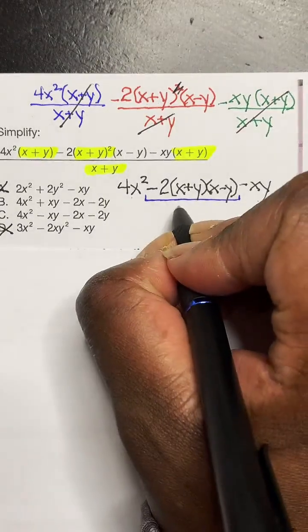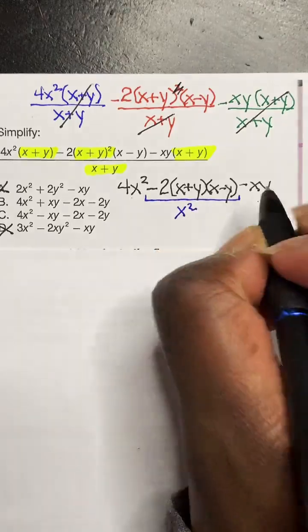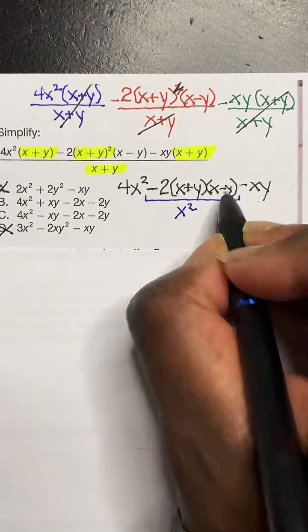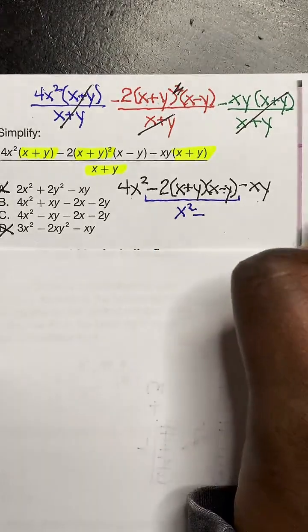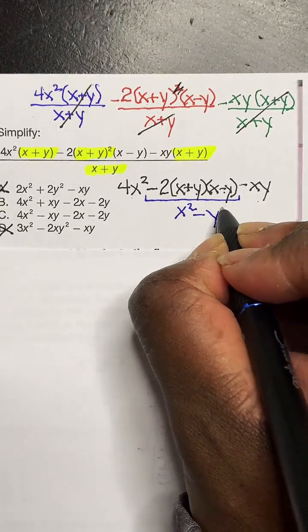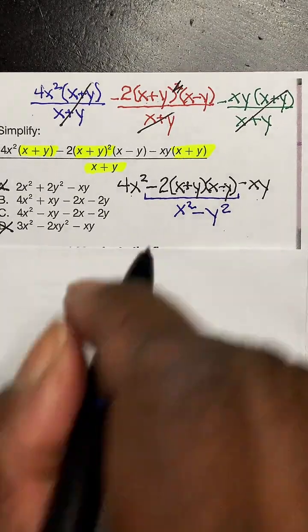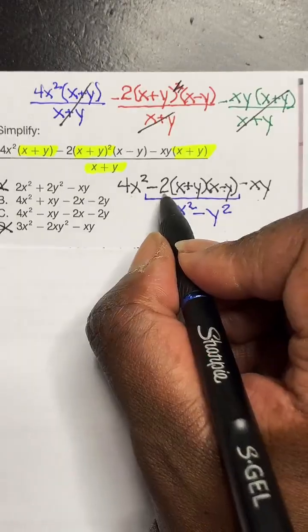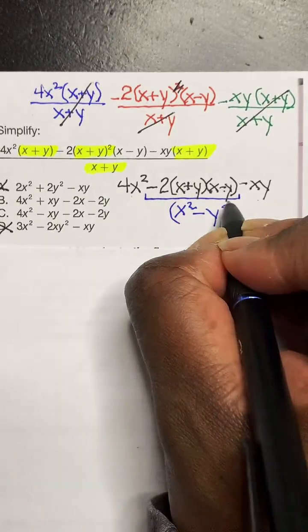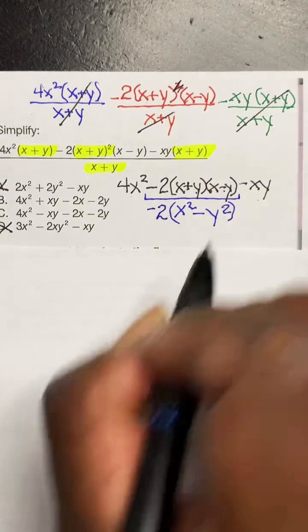Yeah, that's right. So x times x, that will give me my x squared. A positive times a negative, that will be a negative. And y times y gives me y squared. But then we're multiplying this by 2. In fact, a negative 2.